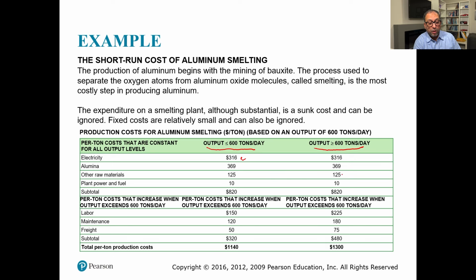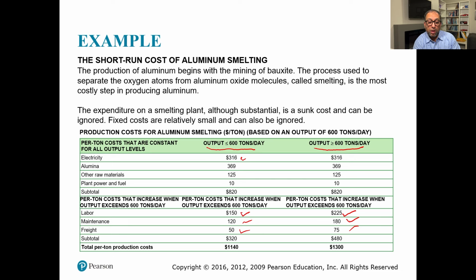But the labor cost per ton increases when output exceeds 600 tons. So labor cost is increased if we go over and above the 600. The maintenance cost increases, the freight increases, and in this way the subtotal increases.